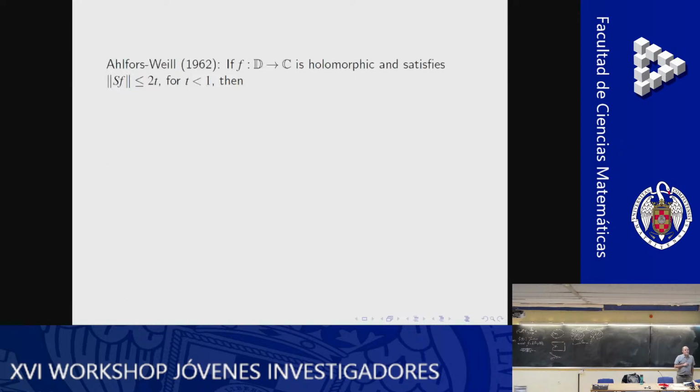Now, we change subject. We go back to the unit disk and to analytic functions and to the Ahlfors-Weill extension. We have seen that if f is analytic in the unit disk and satisfies that its Schwarzian norm is less than 2 times t for some t less than 1, then f admits a quasi-conformal extension to the whole Riemann sphere. And I've told you that this extension is explicit.